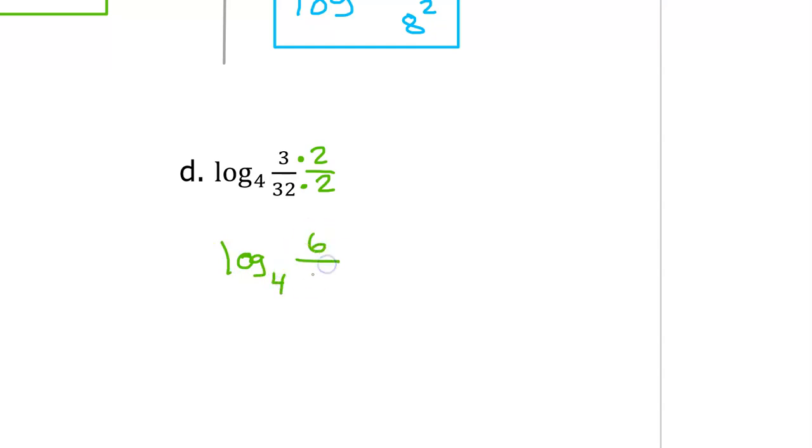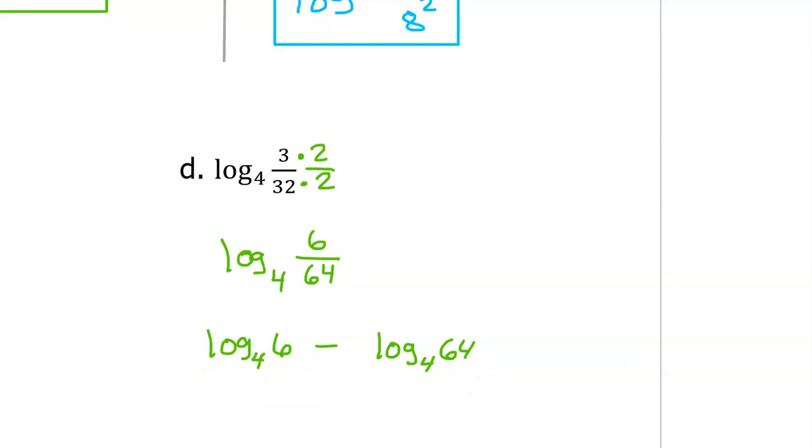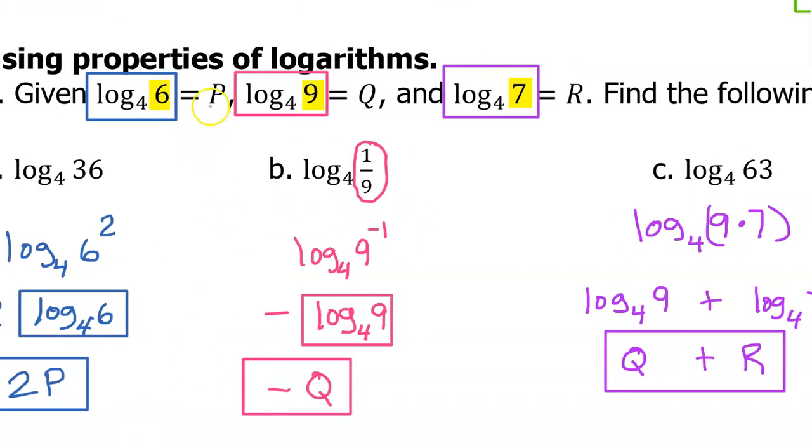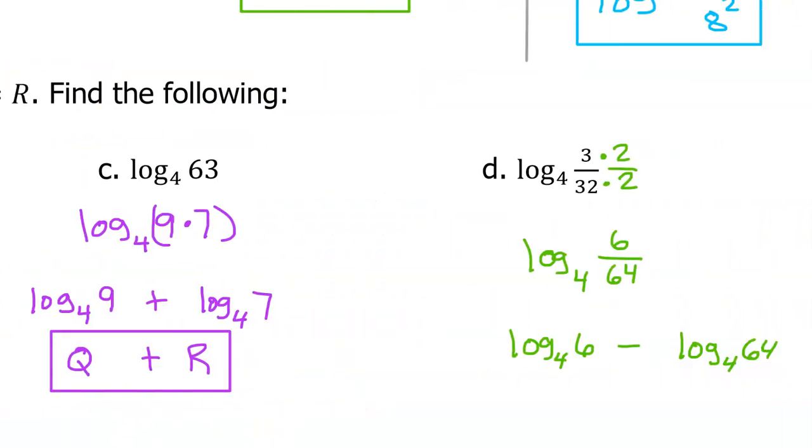So if I multiply by 2 over 2, then on the next step, I will have log base 4 of 6 over 64. So now, using our properties, using the quotient rule, I could rewrite this as log base 4 of 6 minus log base 4 of 64. Log base 4 of 6, that is p. So I'm already good on that one.